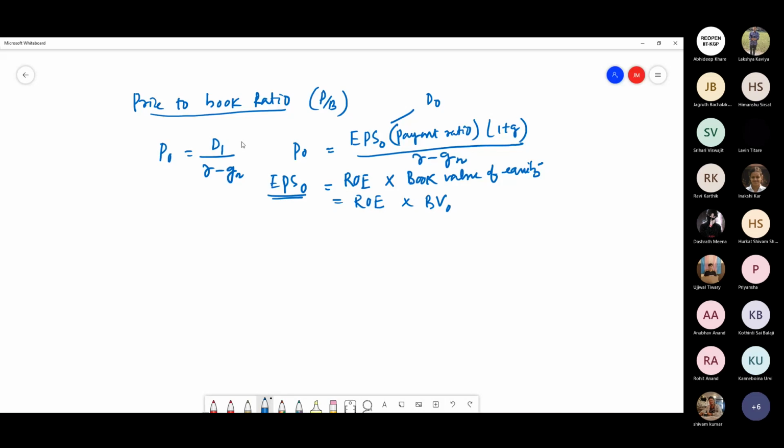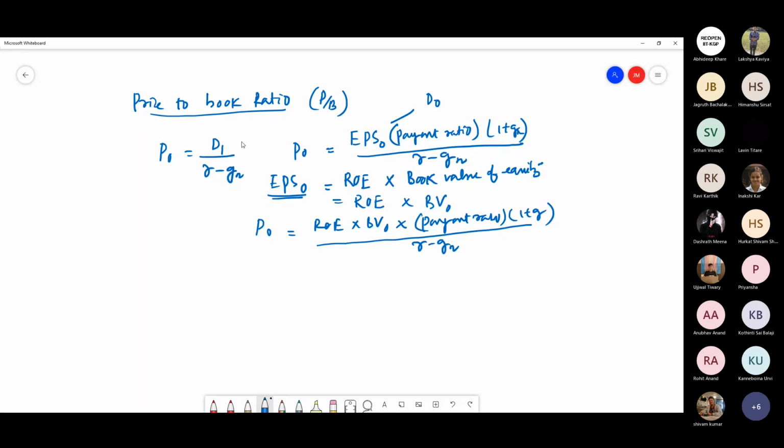So now we can write P0 is equal to ROE into book value of equity into payout ratio into 1 plus G, or 1 plus Gn, whatever you are writing, divided by R minus Gn.